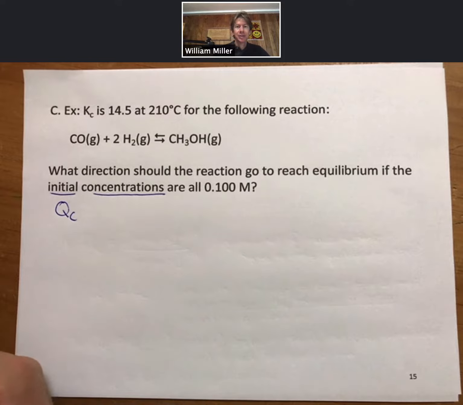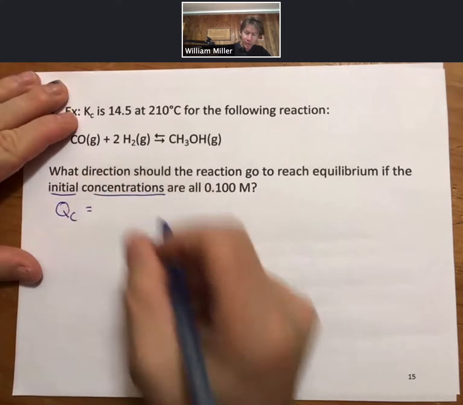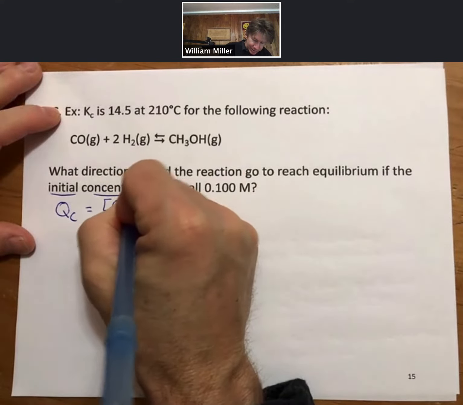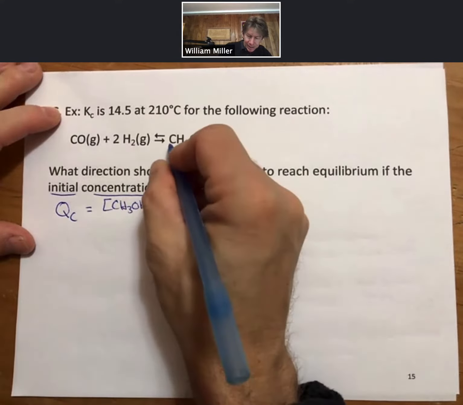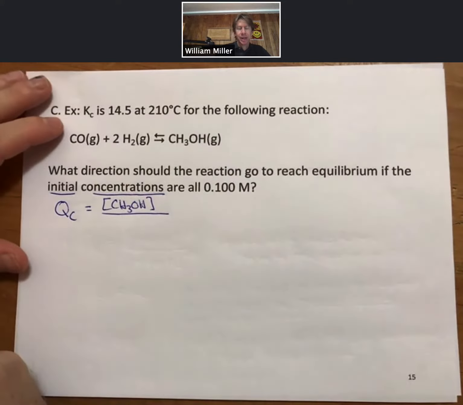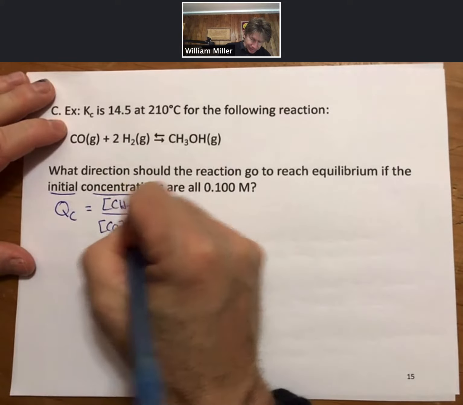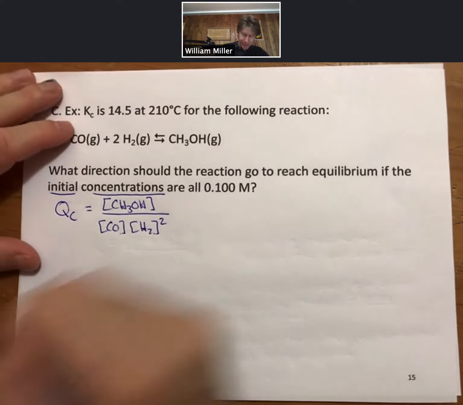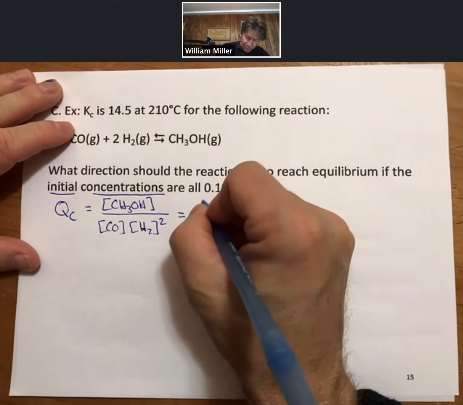So QC allows us to determine that. We write out the exact same expression, product concentrations raised to exponents, divided by reactant concentrations raised to exponents. And we've been told they're all 0.1 molar.